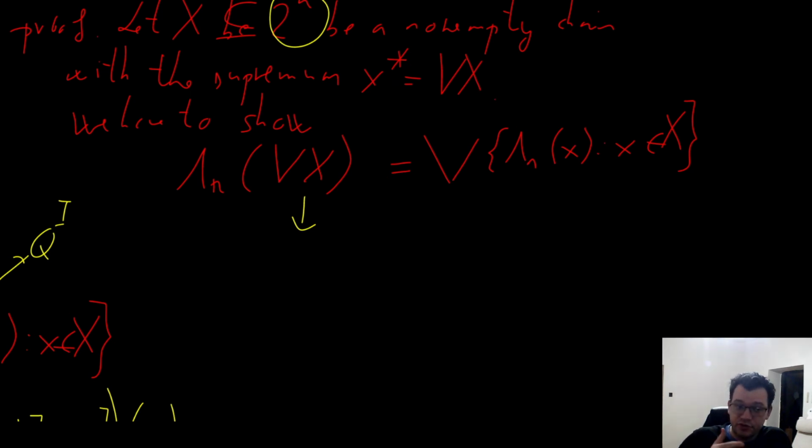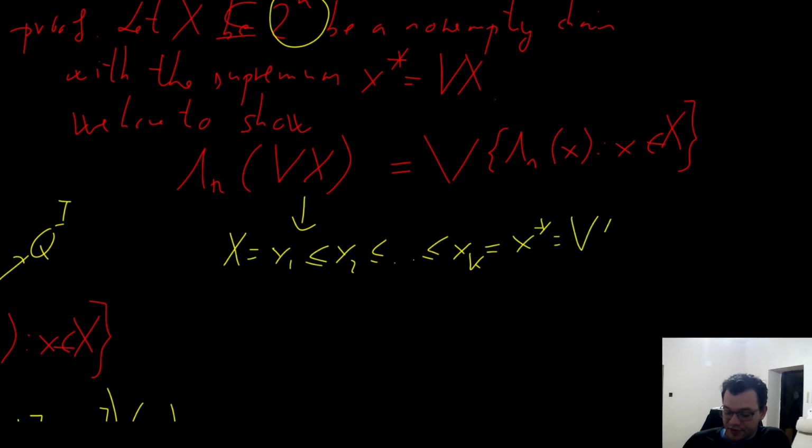A finite chain can always be arranged as x1, x2, and so on, up to xk, and xk will be x star, which is the supremum of X. So no matter how you construct a finite chain, if the elements are pairwise comparable, then there is a strict order amongst them.